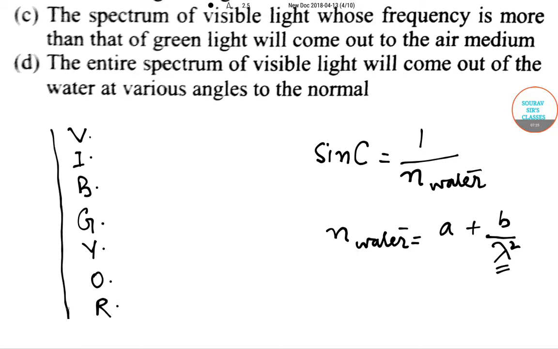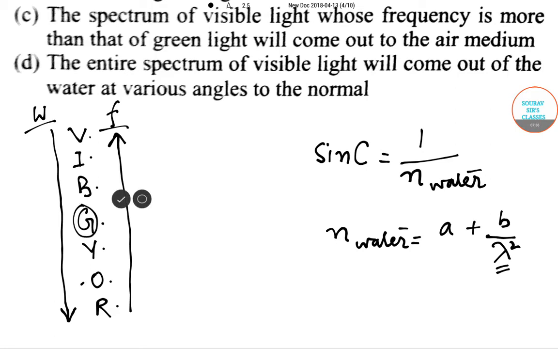In this direction, the wavelengths increase, and the frequency increases in this direction, which means wavelength of red light is greater than that of orange colored light, and wavelength of green colored light is greater than that of blue light.